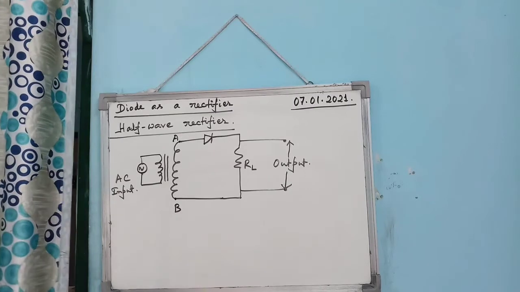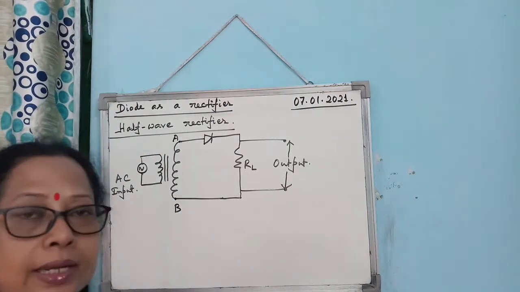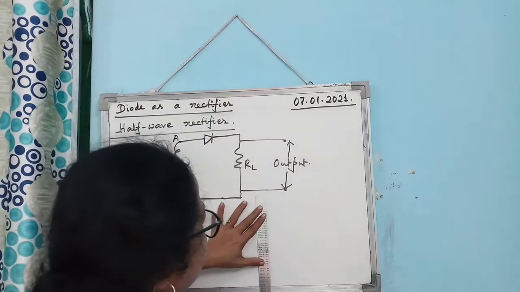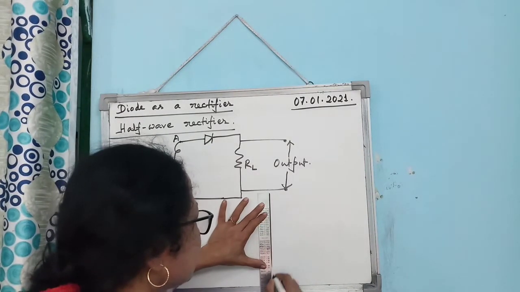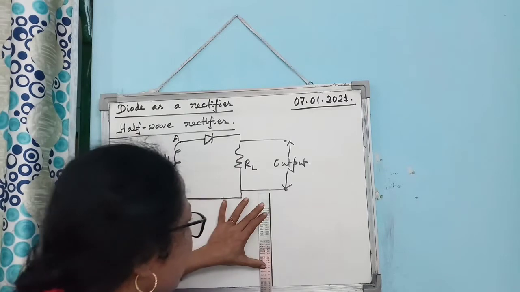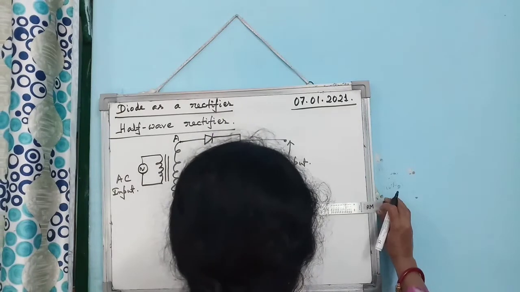Is that clear? Now here, when you draw the output and input voltage, it is my suggestion that you should draw it in the same vertical scale as I am doing.